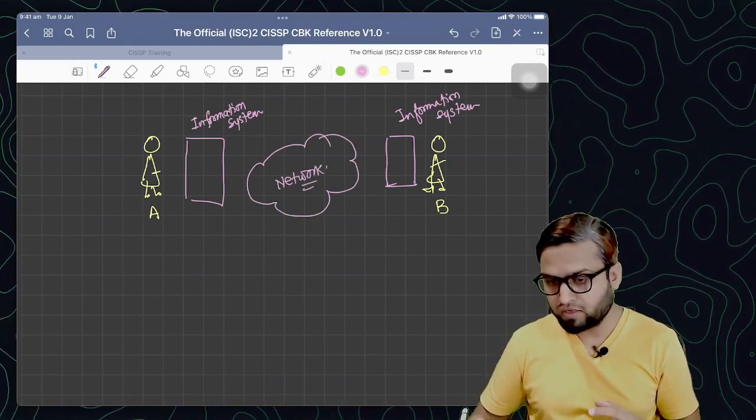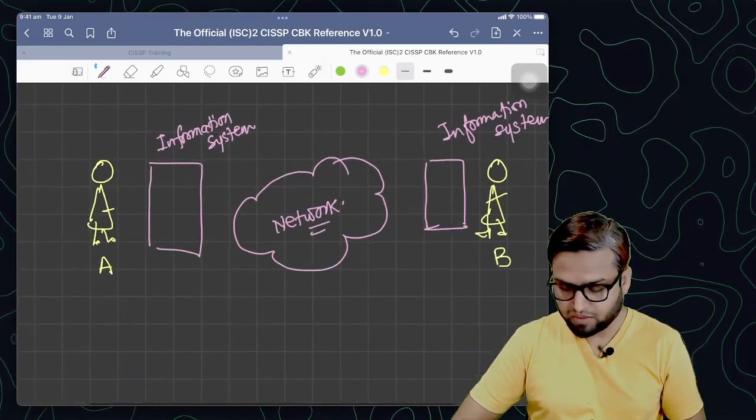The network is just to facilitate communication between A and B, right?